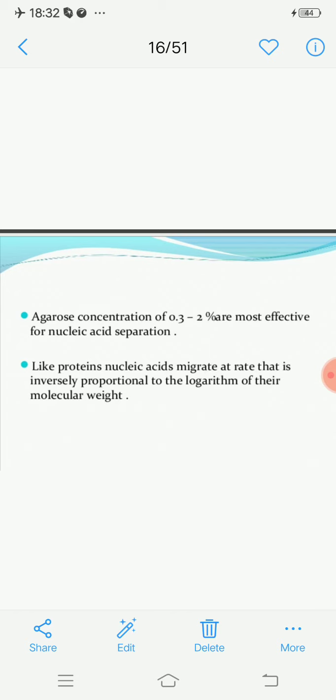For DNA and RNA separation, what percent is used? 0.3 to 0.4% agarose gel is used for the separation purpose. Like the proteins, nucleic acids migrate at a rate that is inversely proportional to the log of their molecular weight. This thing is very important.